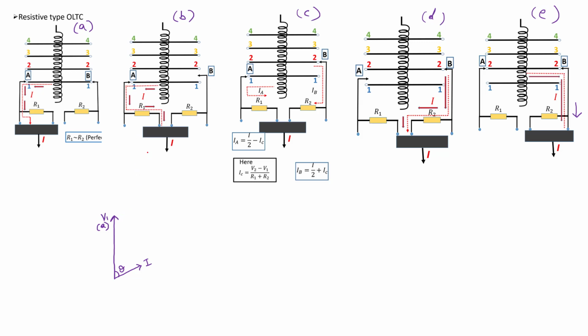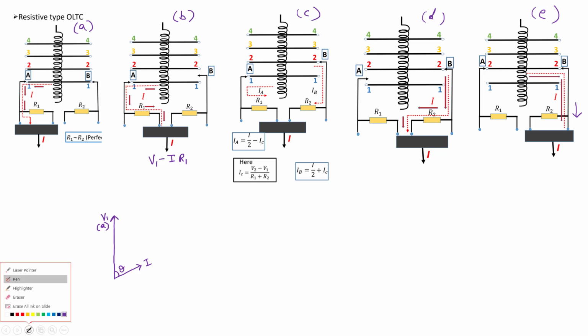In case B, the voltage at this node is simply V1 minus I R1. So this is I. Now we have to find this minus I R1. Minus I is in the opposite direction.